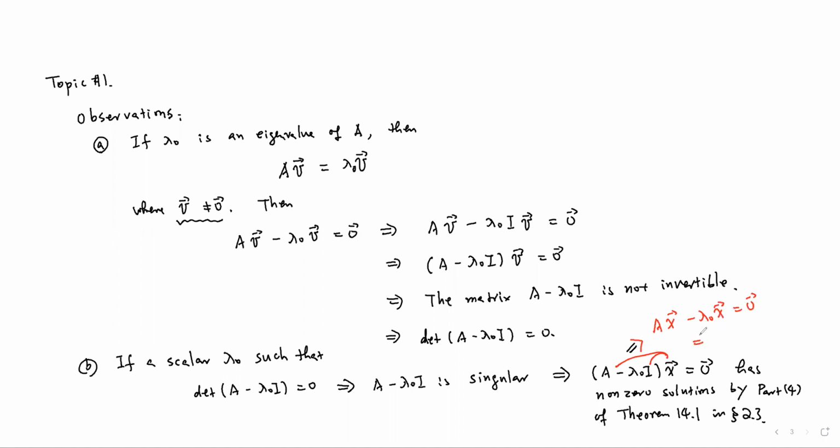So from here we have this equation. For a non-zero vector, whenever we have this equation, the vector is an eigenvector and the corresponding scalar is an eigenvalue. So this implies that lambda 0 is an eigenvalue.